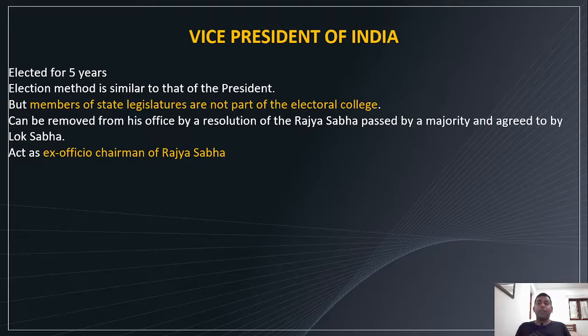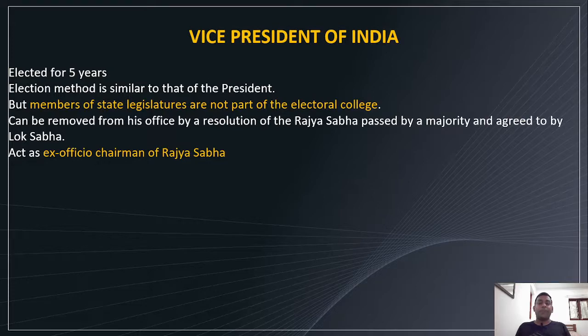In the context of the vice president of India, the vice president occupies his office as vice president. He has an office, right? At the time of holding that office, he is engaging in another office, that is chairman of Rajya Sabha. It's an automatic process actually.